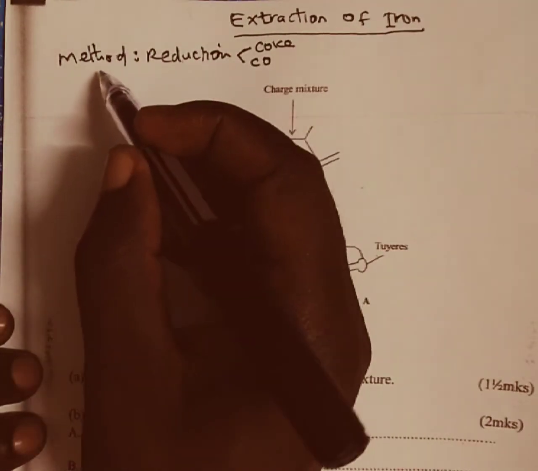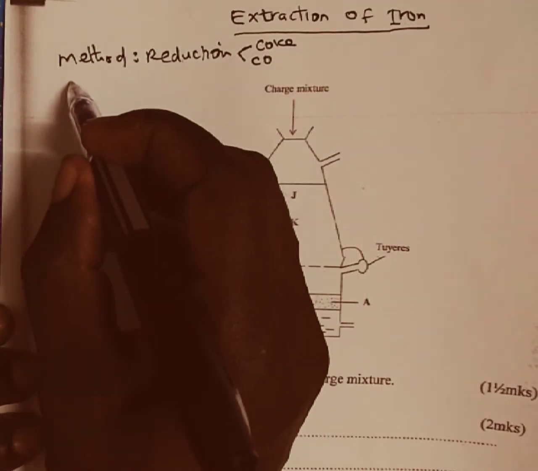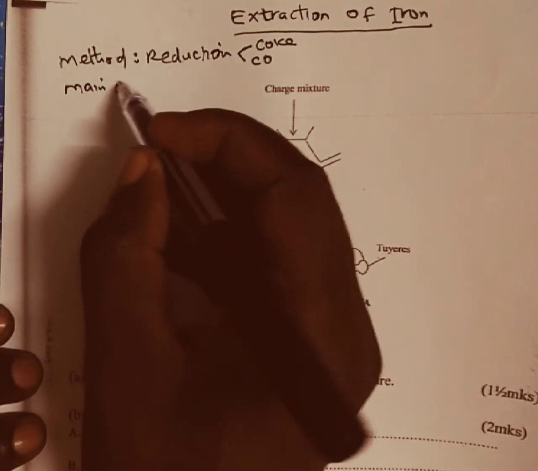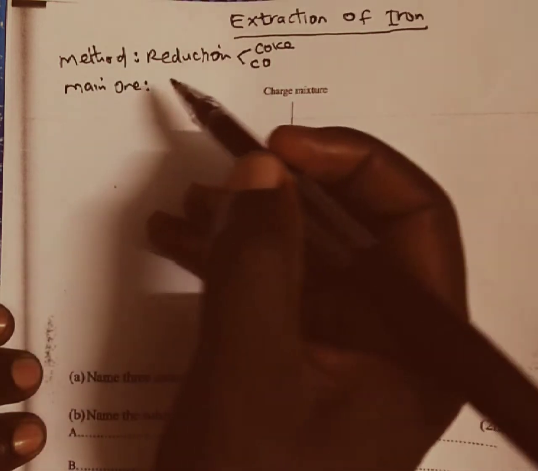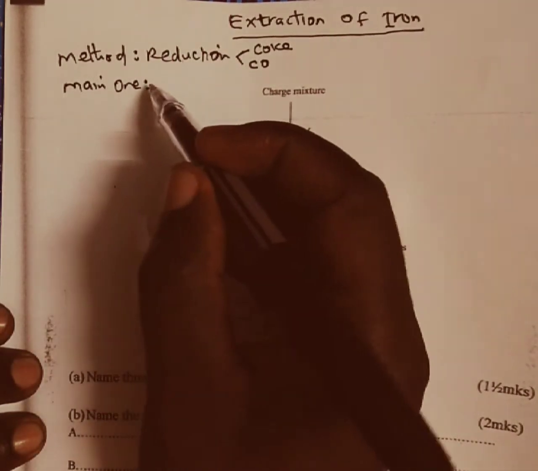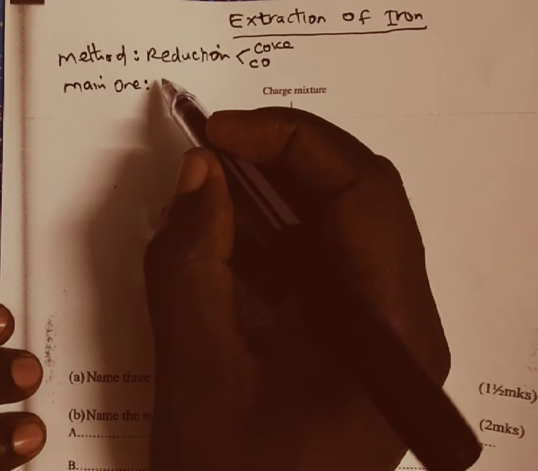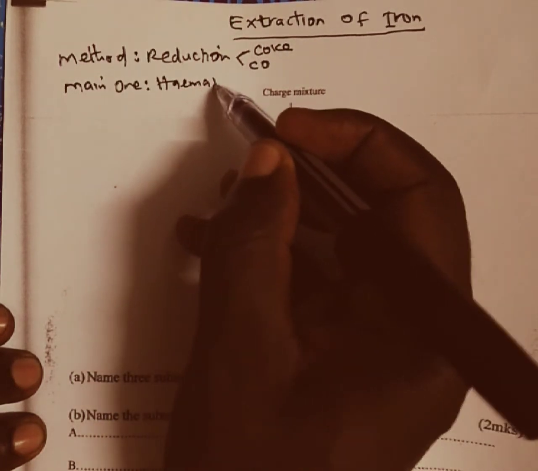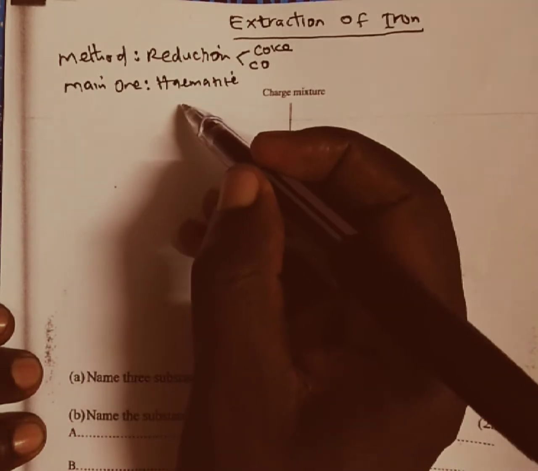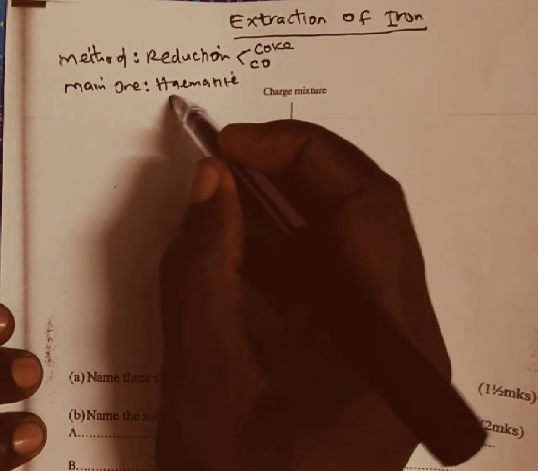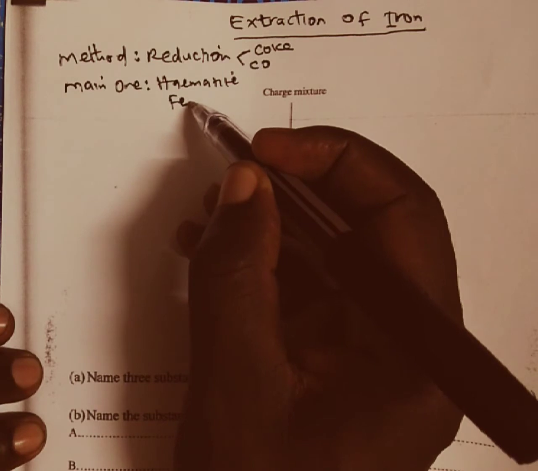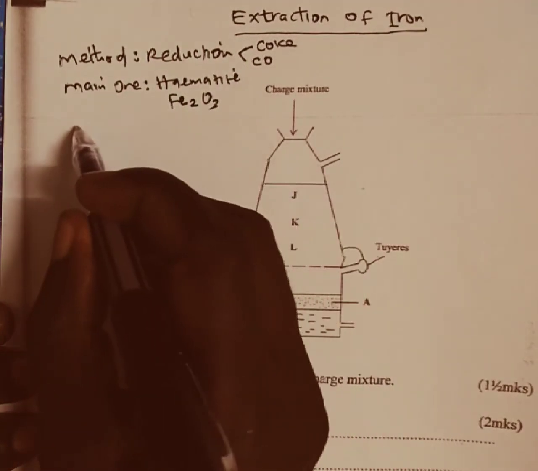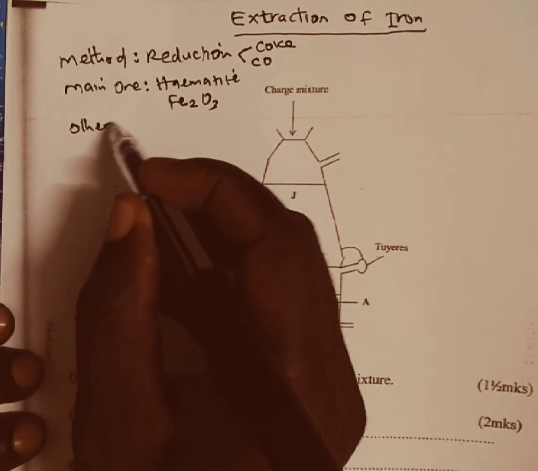Having known the method of extraction, we need to look at the chief ore or the main ore for the extraction of iron. Iron is extracted from its chief ore, which is hematite, whose formula is Fe2O3. Apart from the chief ore, we also have other ores.